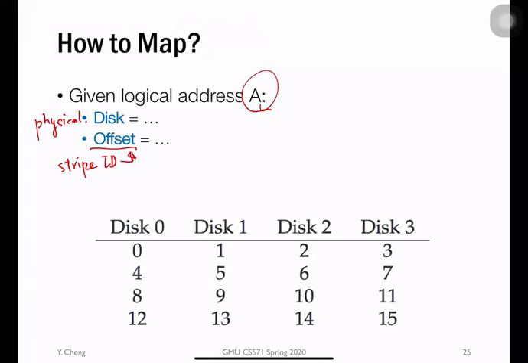You can simply use two binary operations, modulo and divide. The disk ID is calculated using modulo: A modulo the total number of disks. And the stripe ID, or the offset within a particular disk, is calculated using the divide operation.